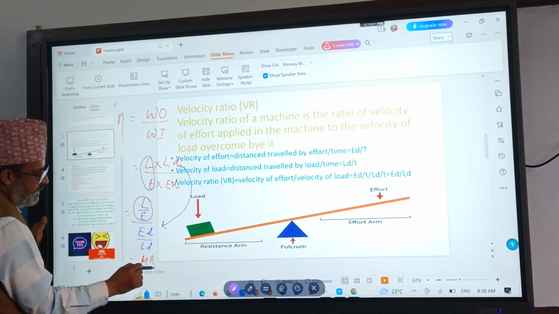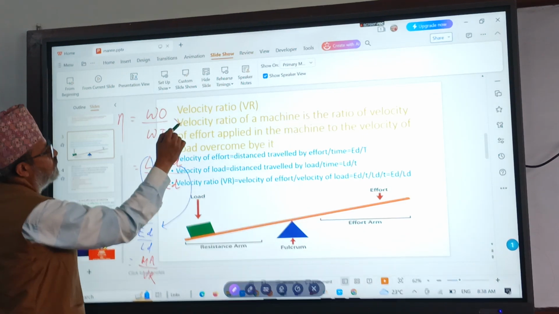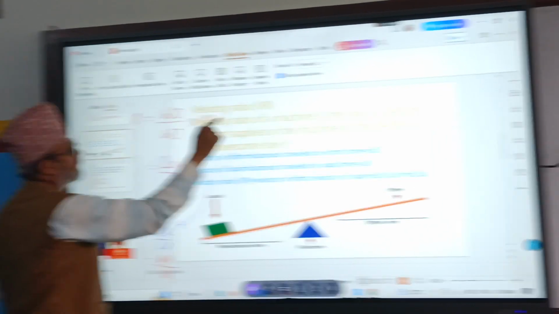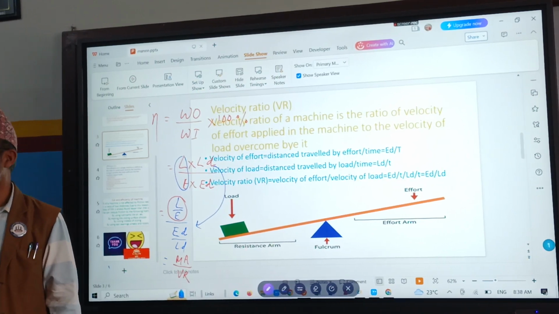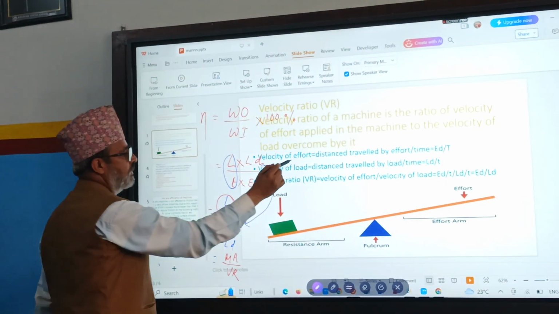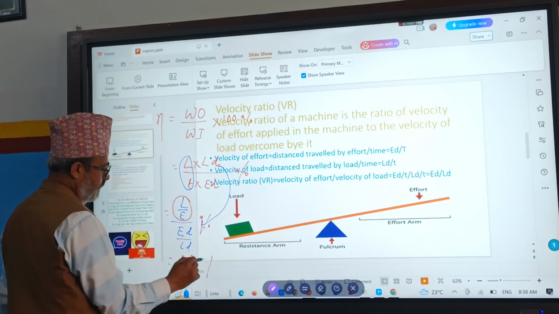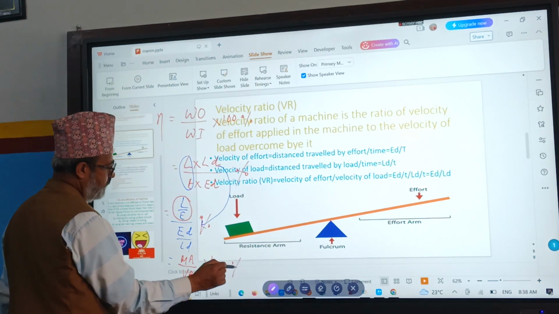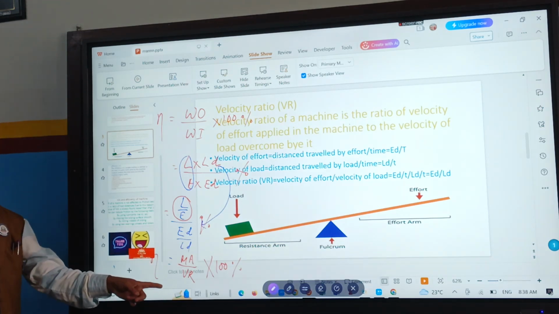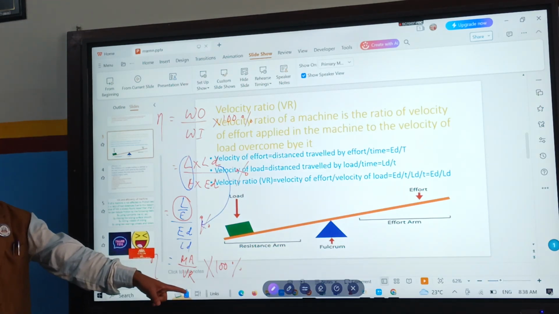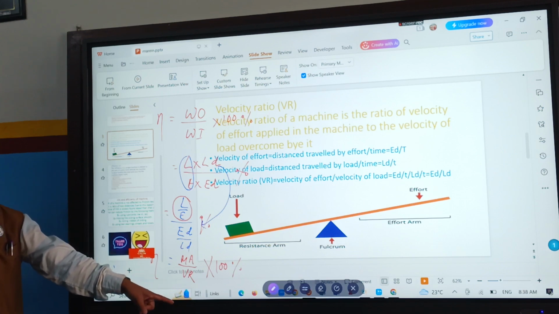MA. And ED by LD? VR. So here must be how much percent? 100%. Efficiency is always expressed in percentage. So what is the formula of efficiency? MA by VR multiplied by 100%.